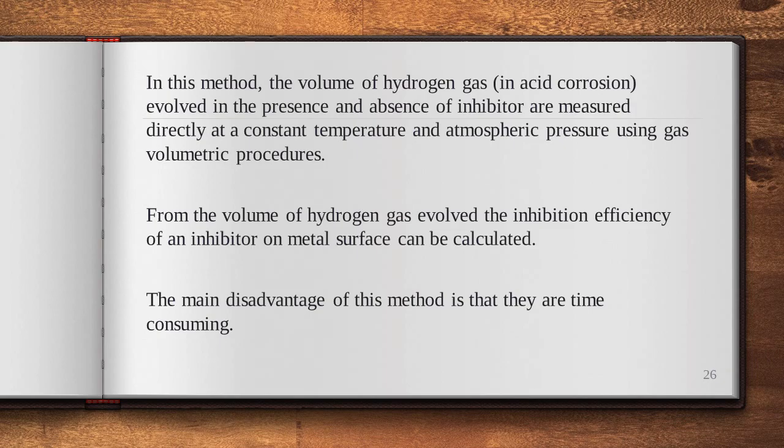In this method, the volume of hydrogen gas evolved in the presence and absence of inhibitor is measured directly at a constant temperature and atmospheric pressure using gas volumetric procedures. From the volume of hydrogen gas evolved, the inhibition efficiency of an inhibitor on a metal surface can be calculated. The main disadvantage of this method is that it is time consuming.